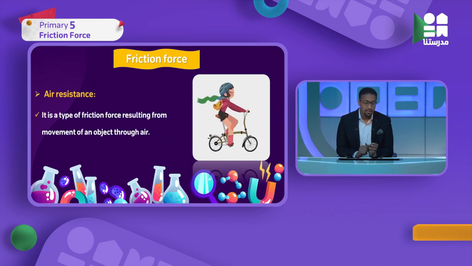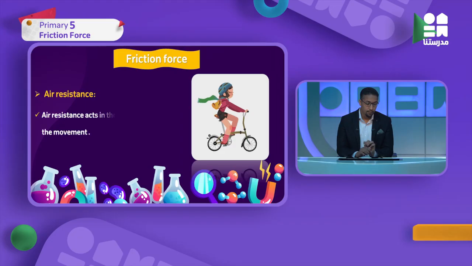This type is friction force resulting from movement of an object through air. What else do we know about this friction force that we now call air resistance? Air resistance acts in the opposite direction of the movement.